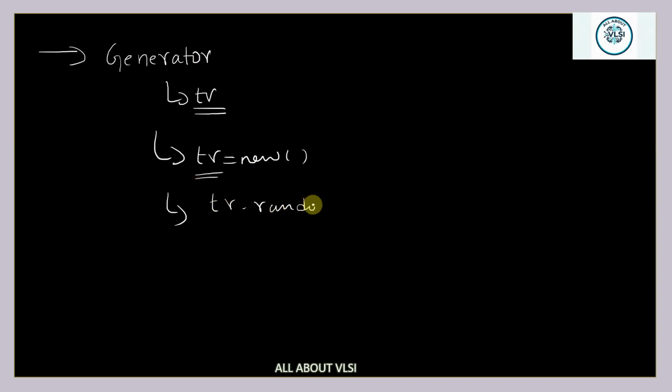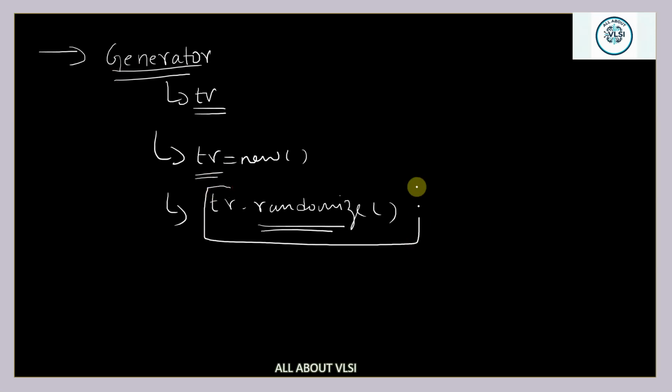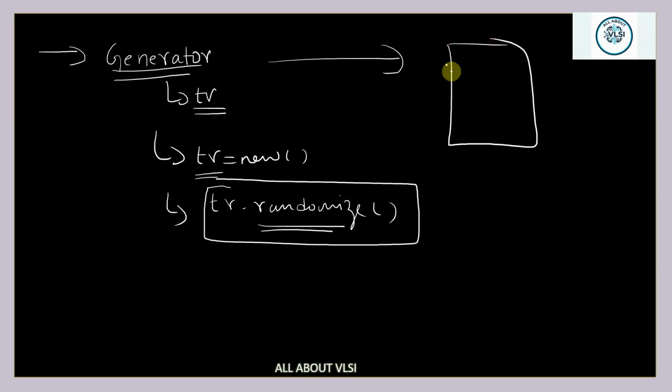And after randomizing it, try to send this particular randomized transaction object from the generator to my driver. This is a small task using the mailbox.